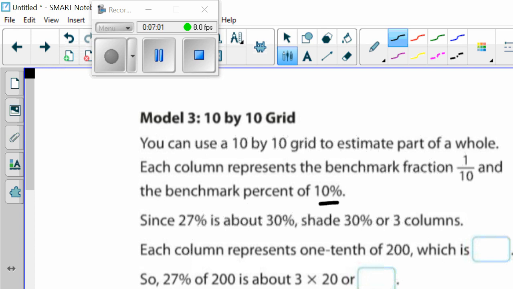So each one of these columns is going to be worth 20. If I have my 3 columns and each one is 20, 3 times 20 gives me a total of 60 right here. So 27% of the 200 is again close to 60.